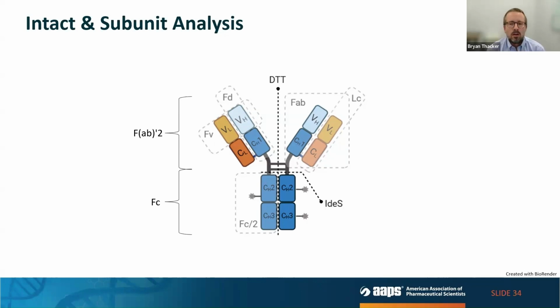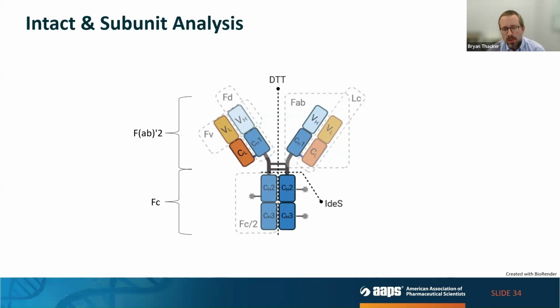Fortunately, there are some fairly simple ways that we can break down the ADC and produce subunits that are more amenable to analysis by mass spectrometry. I've got that highlighted here just to illustrate those approaches.